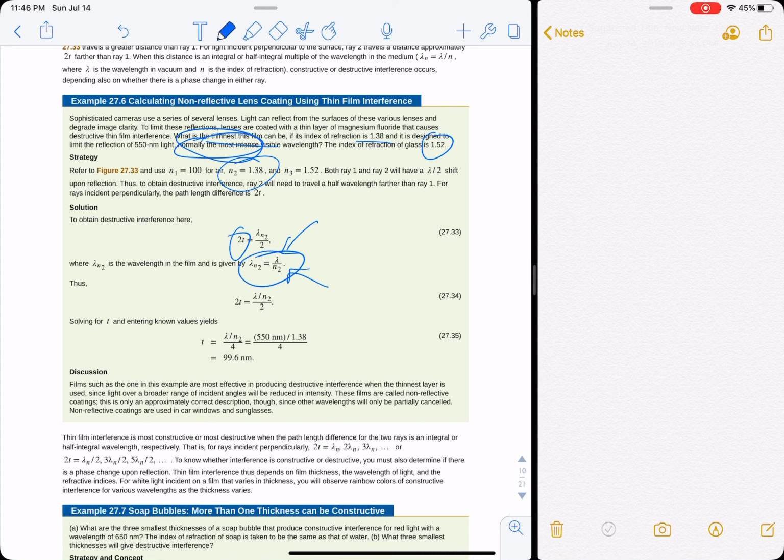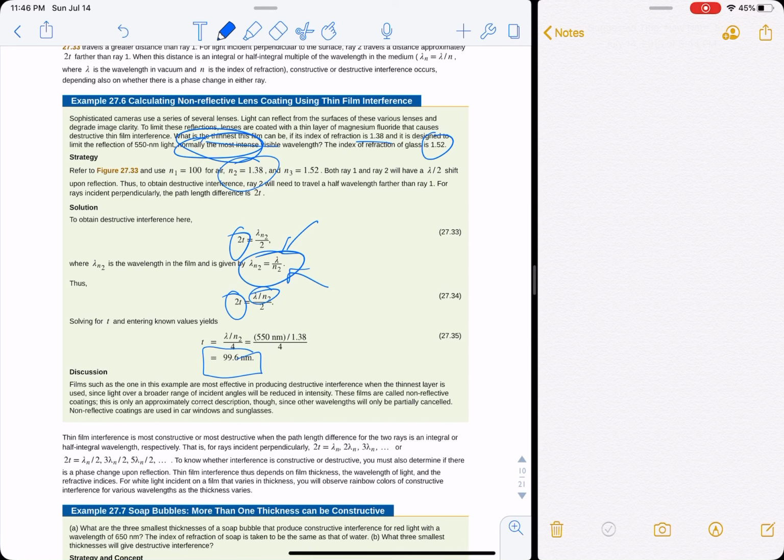And so your case for thickness is that 2t is equal to the wavelength over our index of refraction in there, divided by 2, because we want it to be half of a wavelength out of phase. And then you solve for that, and here's the thickness, 99.6 nanometers.